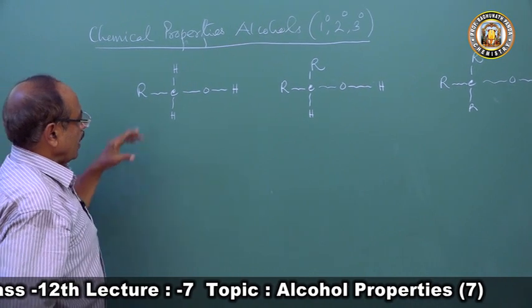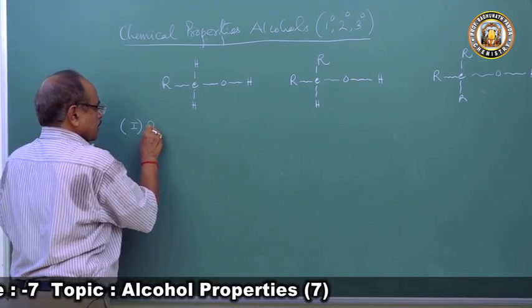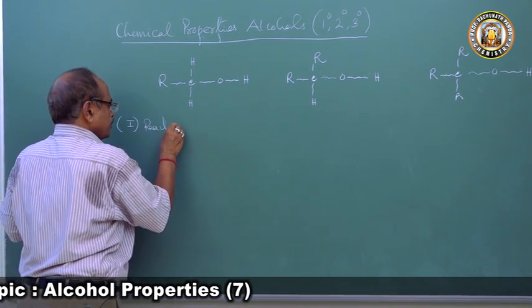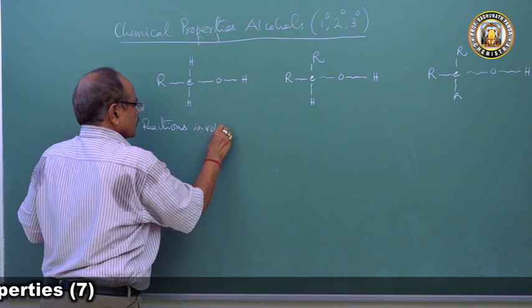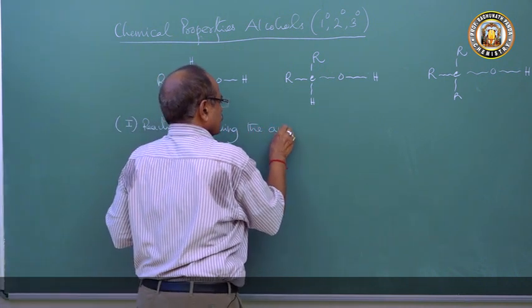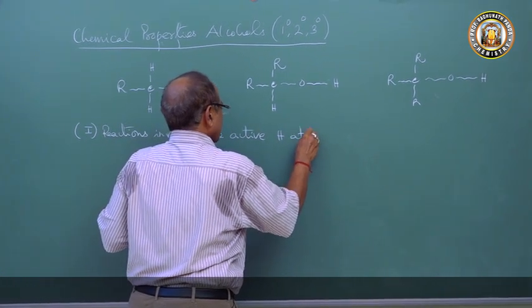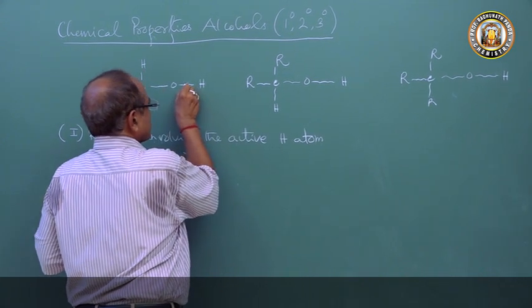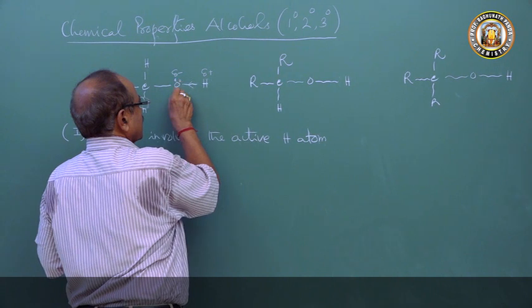The first type of reactions is reactions involving the active hydrogen atom. What is this active hydrogen atom? Drift of electrons takes place. So the hydrogen atom has delta positive charge, and the oxygen atom has delta negative charge.